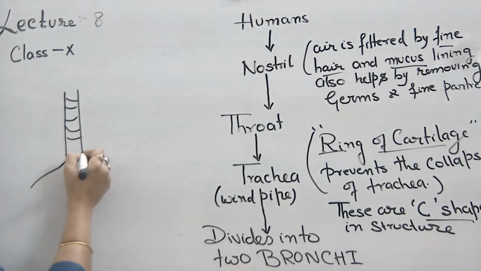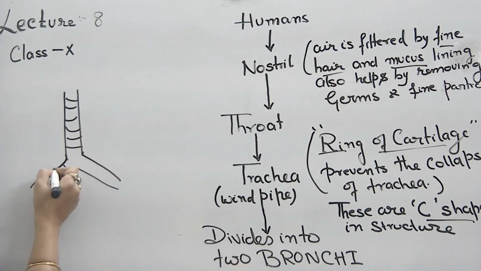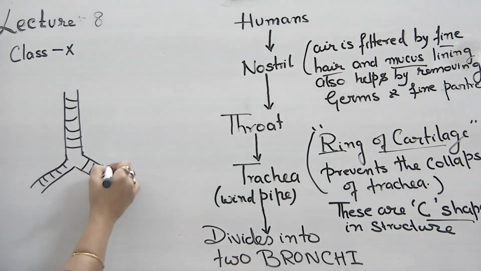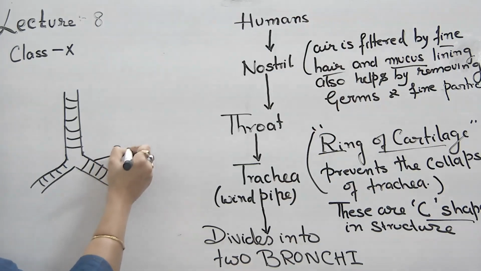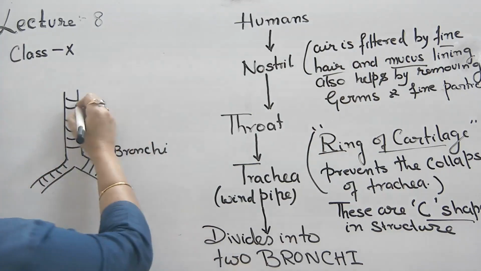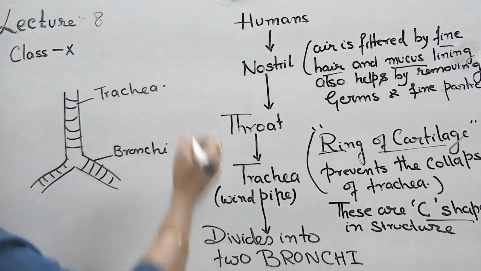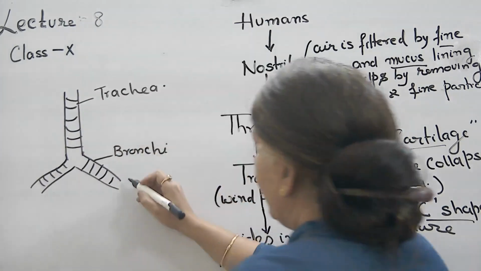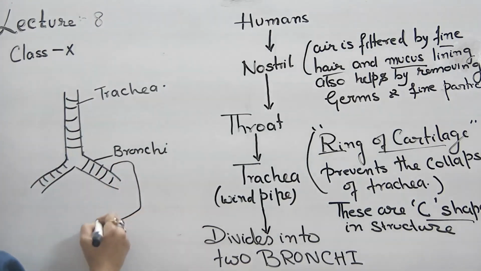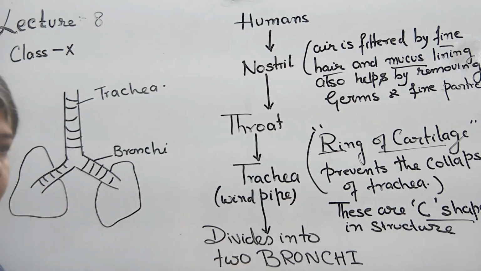Then it divides into two. This ring of cartilage will run till the bronchi. Bronchi is plural, bronchus is singular. And this is the trachea. Now these bronchi will enter the lungs, left and right lungs.